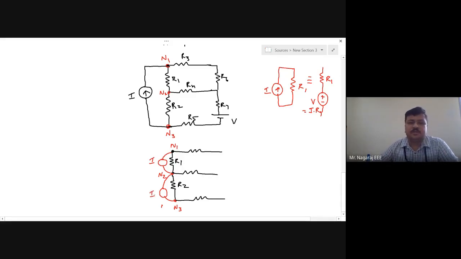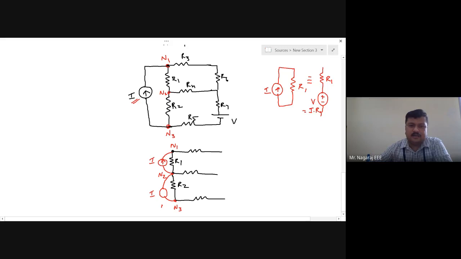Now, how should be the direction of the current source? See, observe, the current I is entering node N1, so this current I should enter the node N1.